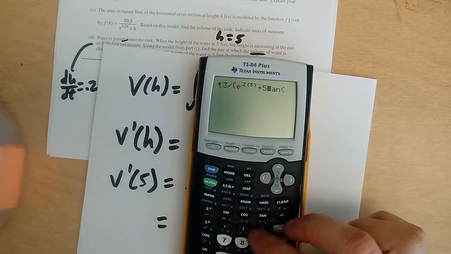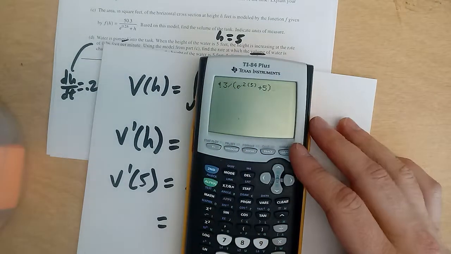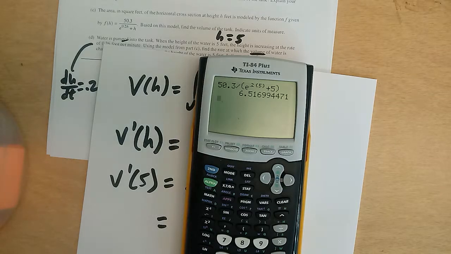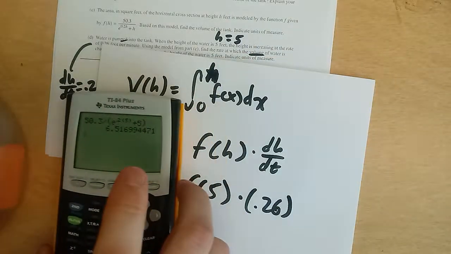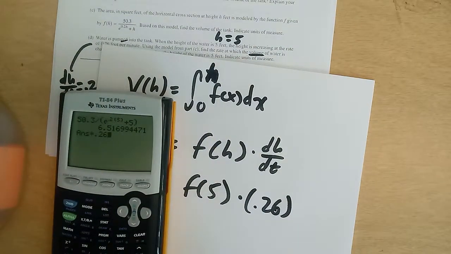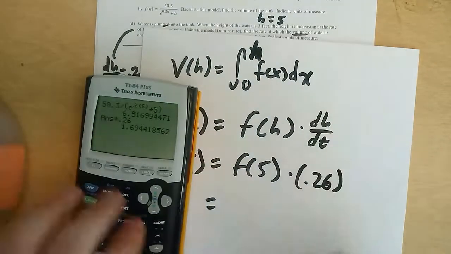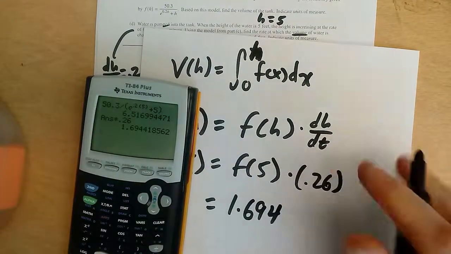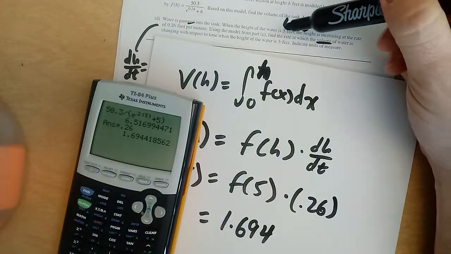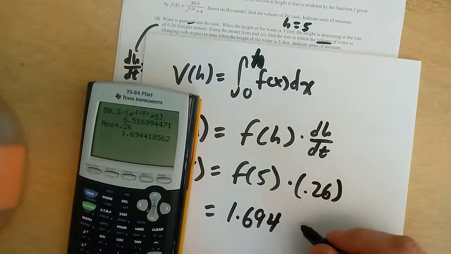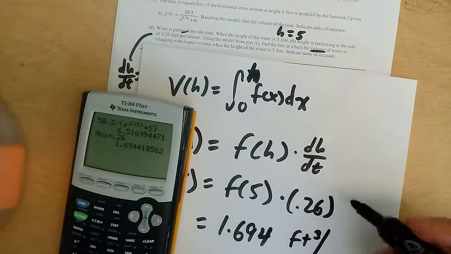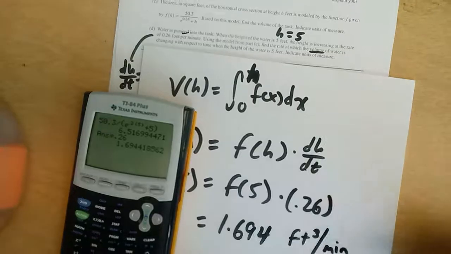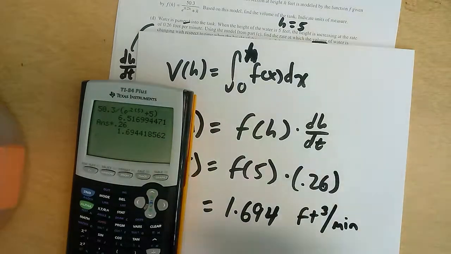Now notice how this time I actually have the denominator in parentheses. And so we get 6.51 whatever times 0.26, and we get 1.694, and it says I'm finding the rate of change of volume, so that's going to be feet cubed per our time, which was minute. All right, next problem.